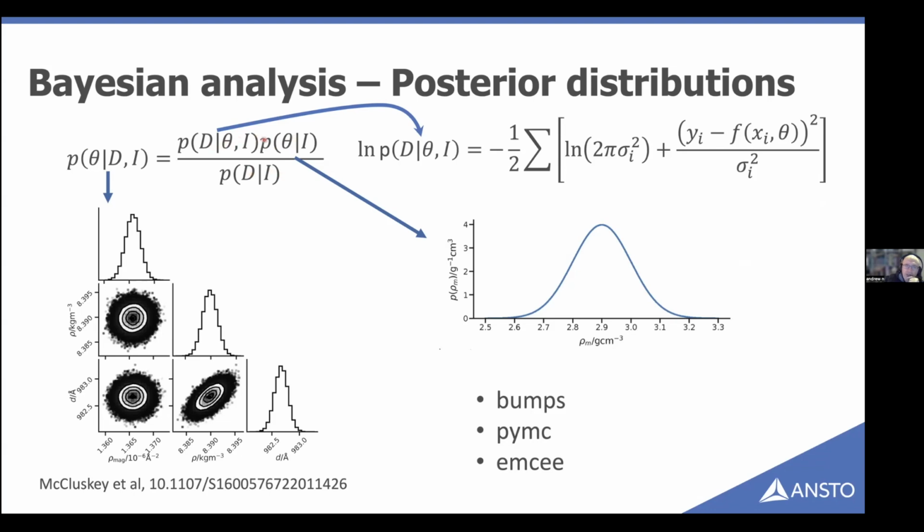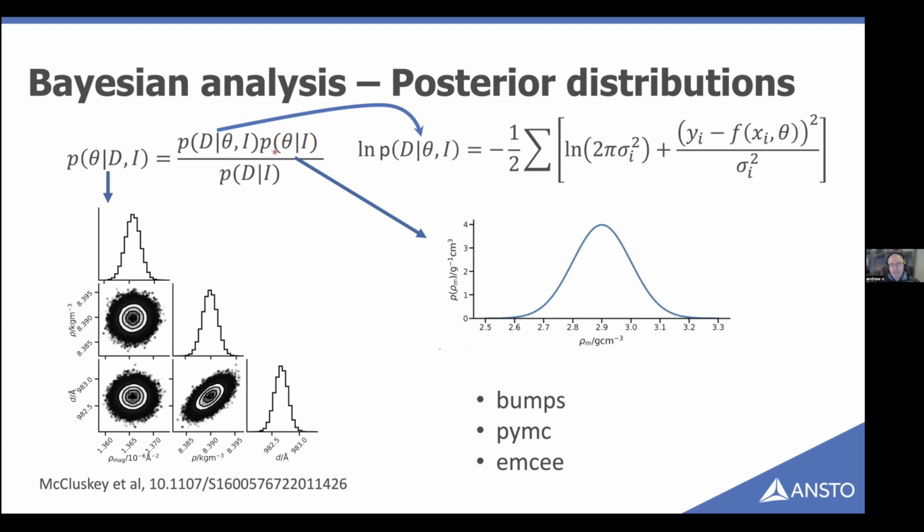Of these two terms on the top, the first one is the likelihood that we saw earlier, and that's mostly comprised in our modeling system of chi-squared with the normalization term of the uncertainties as well. What I've shown here is the product. When you go to a log, this product becomes a sum.